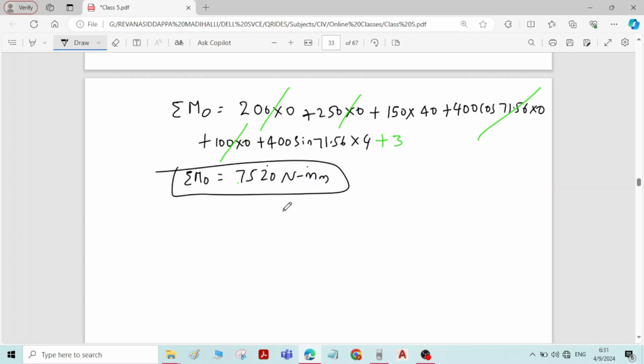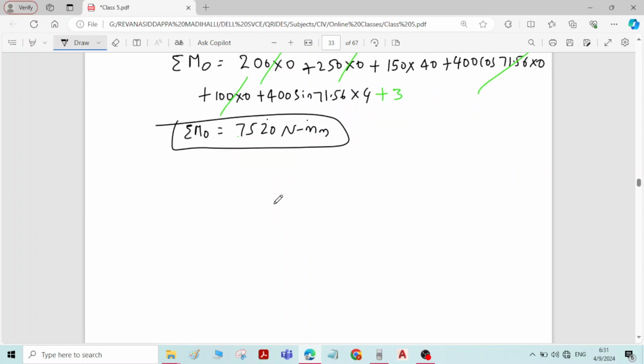Force is given in terms of Newton and distance is given in terms of millimeter, so the unit will be Newton millimeter. Now you can find x-intercept.